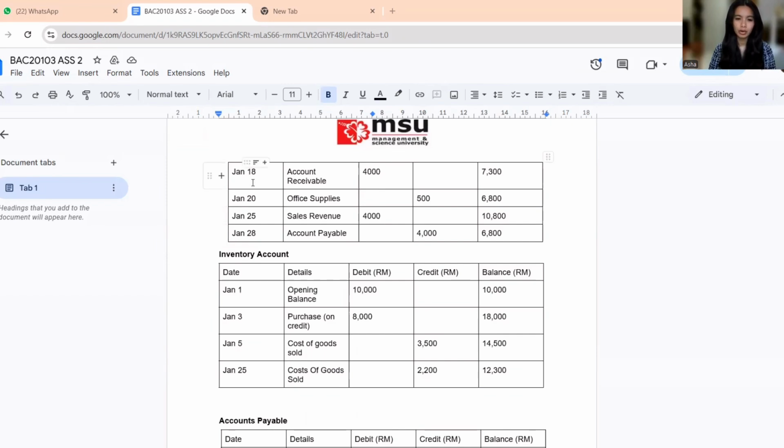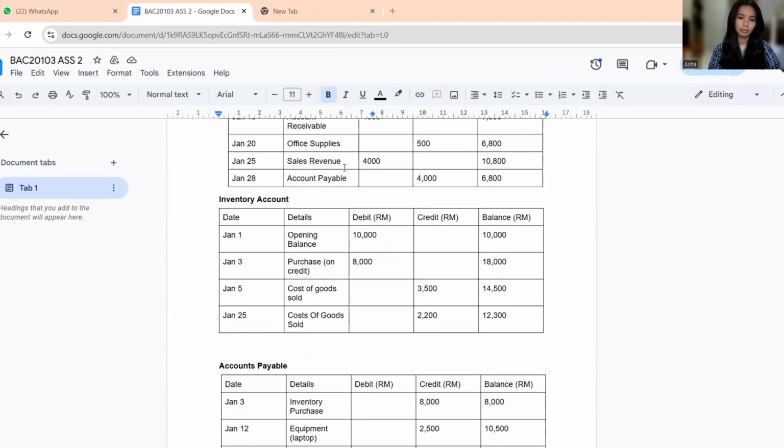And on January 18, account receivable, 4,000 ringgit on the debit side, and the balance is 7,300. And moving on to January 20th, office supplies on the credit side, 500, and the balance is 6,800.